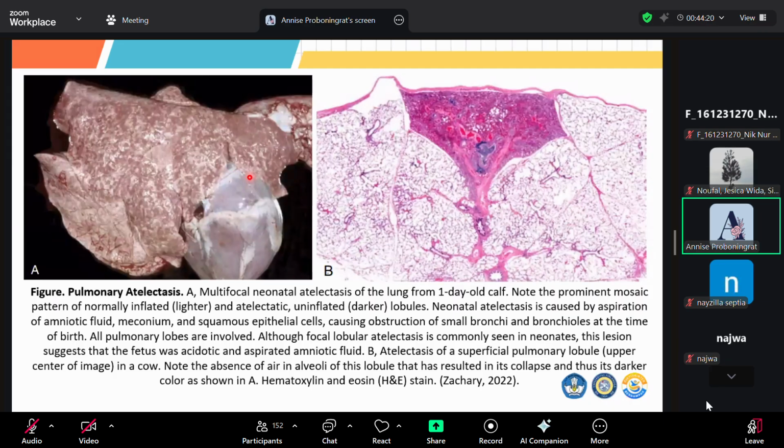The part affected by the atelectasis has darker discoloration. And this is the lung, one lobule of the lung affected by the atelectasis, and it appears darker.